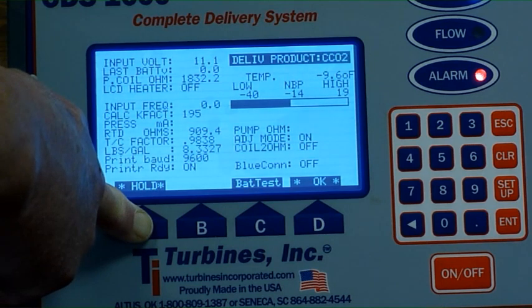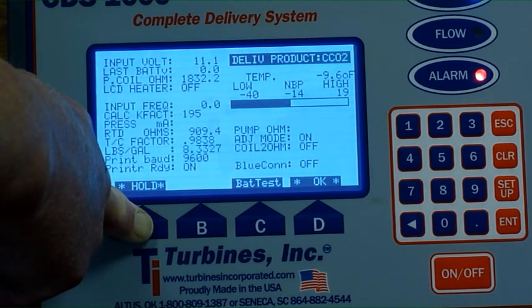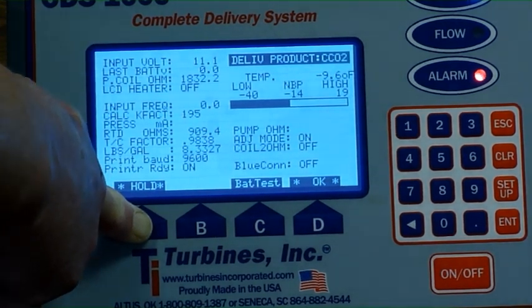If it reads a little more than that or a little under that, it may be because of the change that it's seeing out there in the temperature. Your temperature correction factor is what the probe sees versus the product and corrects the number of pounds per gallon so that you make a compensated delivery.